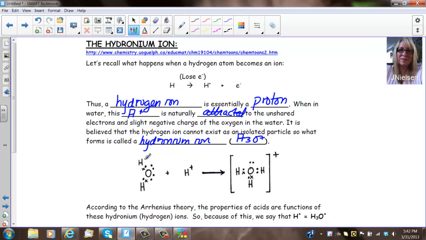And you can see here, here's the water molecule, and this is what was happening in that animation. The H+ is attracted to the negative side of the water molecule and forms the hydronium ion. According to the Arrhenius theory, the properties of acids are functions of these hydronium or hydrogen ions. So because of that, we really say that H+ equals H3O+.